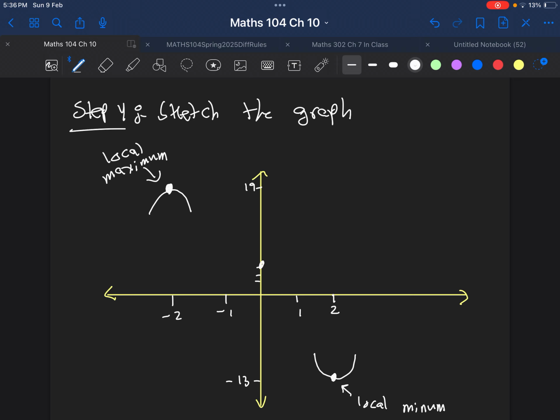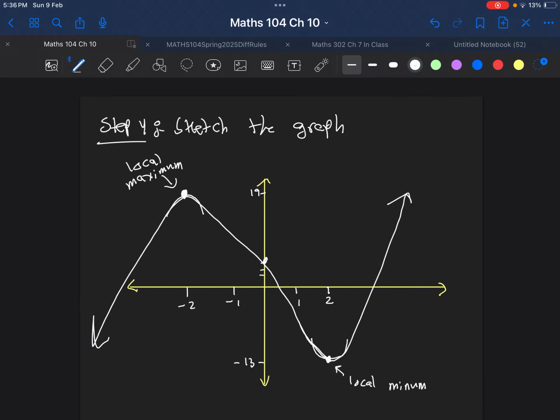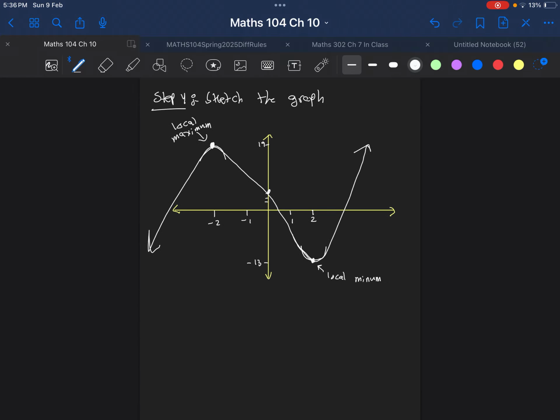So we need 1, 2, 3, this point. And now all you need to do is just join them. This is a small sketch, or at least it gives me the general shape of the function. If I try to sketch it, this is what we will get. This is the function, how it looks like. Using the local maximum and local minimum helps me a lot in trying to sketch the function.